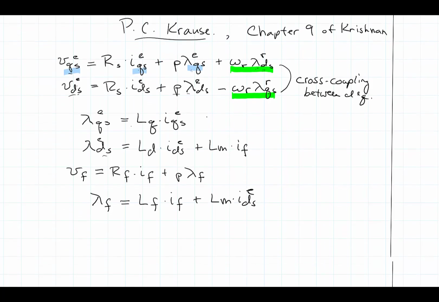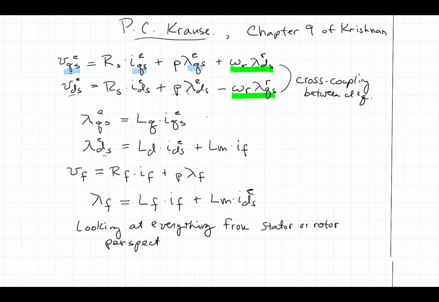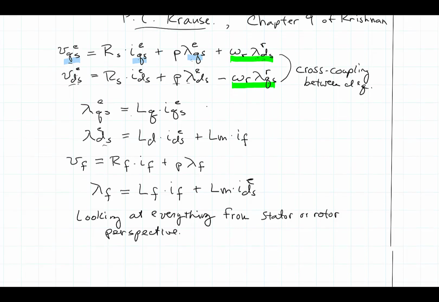Now, I made the point before that we're going to be looking at everything from a stator or rotor perspective. So this is different from rotational transformation. It really has to do with turns transformations.